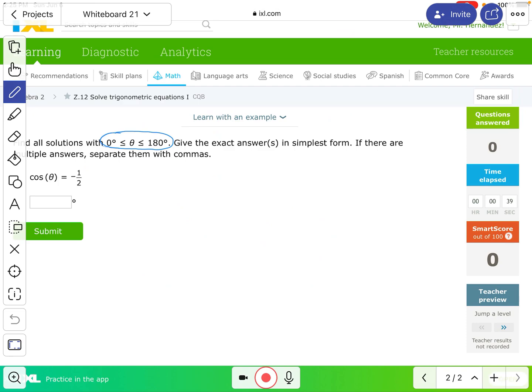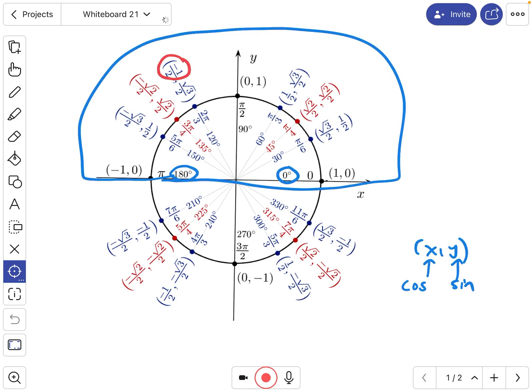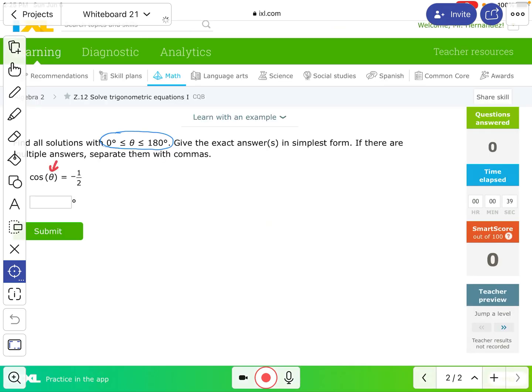And what we're looking to find is what is that angle? And more specifically, there's a degree symbol. It's really subtle, but we're going to enter this in degrees. So here, for the cosine of negative 1 over 2, the degree would be 120 degrees.